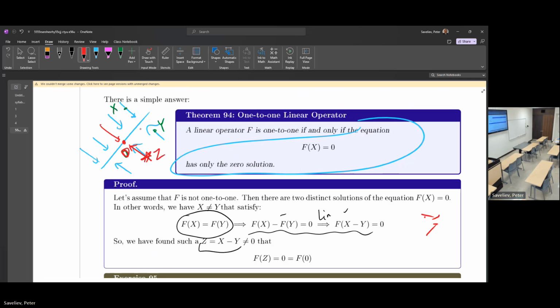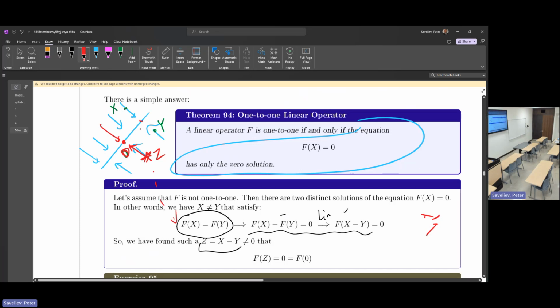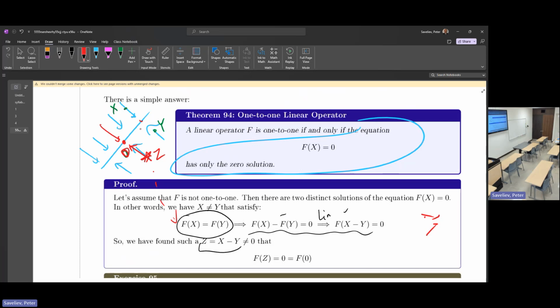If there are two x and y coming together to the same point right here, then through this algebra we demonstrate that there is another element z that actually goes to 0. Which means that we don't have to care about anything else but the 0 in order to test whether our linear operator is one-to-one.